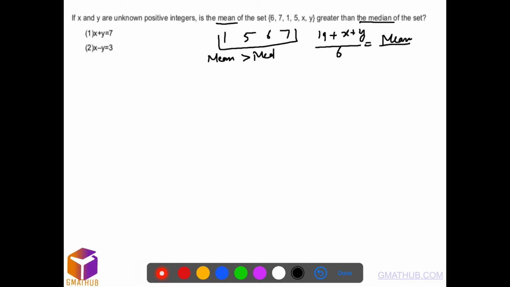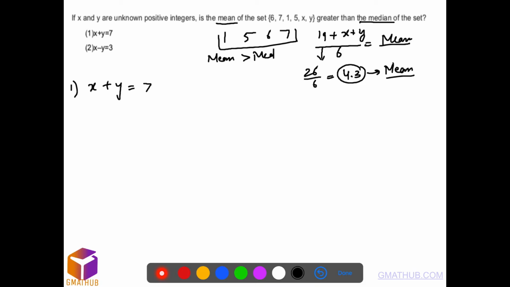That's what we're checking. First statement, x plus y is equal to 7. Now because of this, the total sum becomes 26, so the mean becomes 4.3. Okay, so the mean gets fixed.